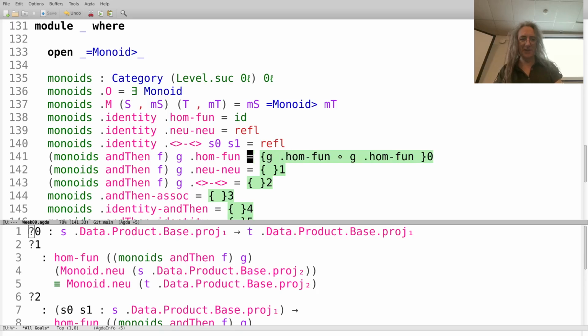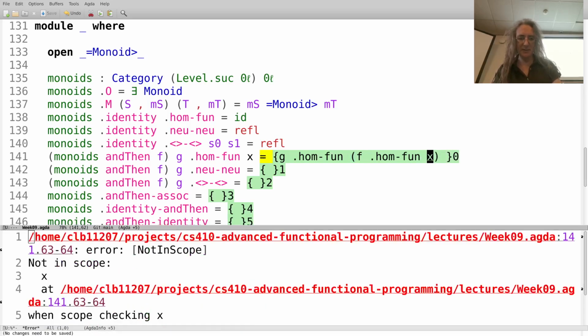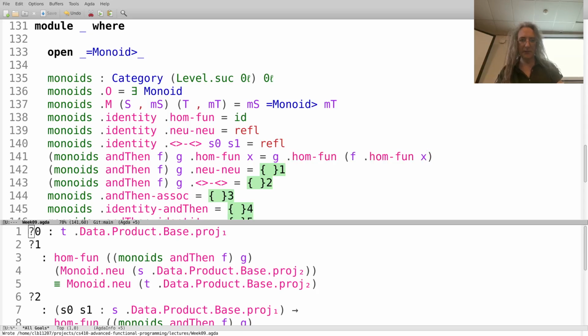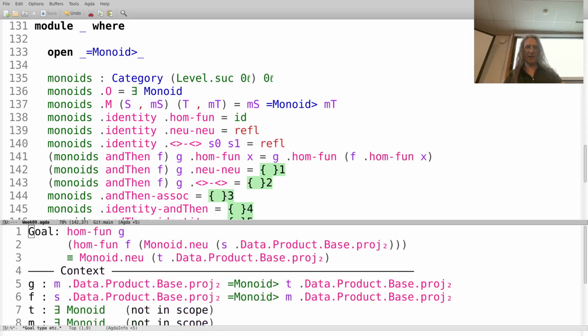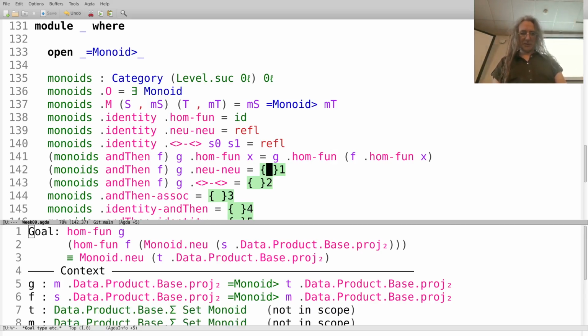Right, somebody's going to give me some X, and I'm going to do the right thing: G on fun to F on fun to X. And then what do I have to show? That. Right.